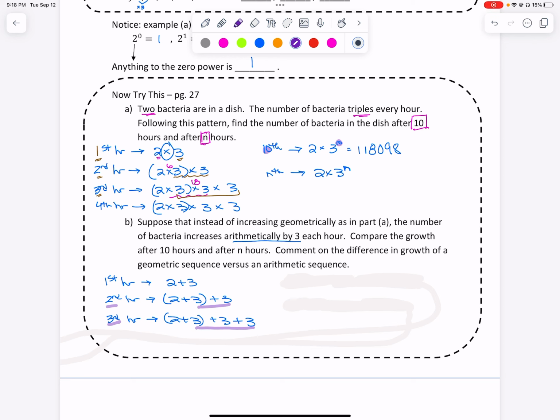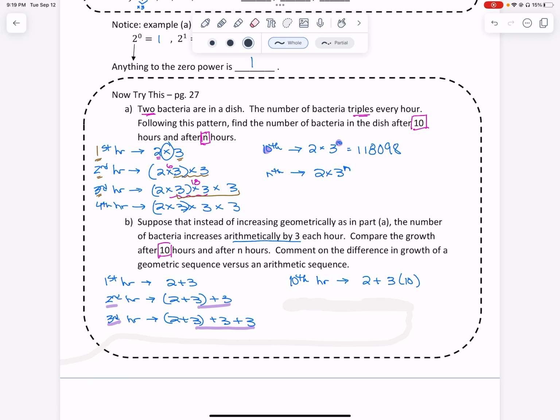So now, again, we want to know what happens after 10 hours. So it would be 2 plus 3 plus 3 plus 3. How many threes? We would have 10 of them. So it would be 2 plus 3 times 10 would be the shortcut.